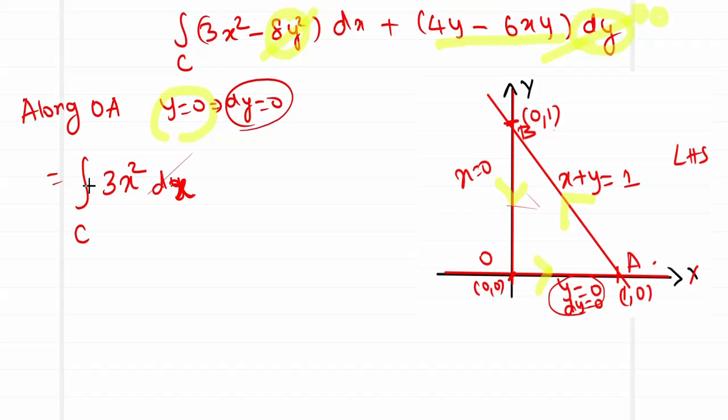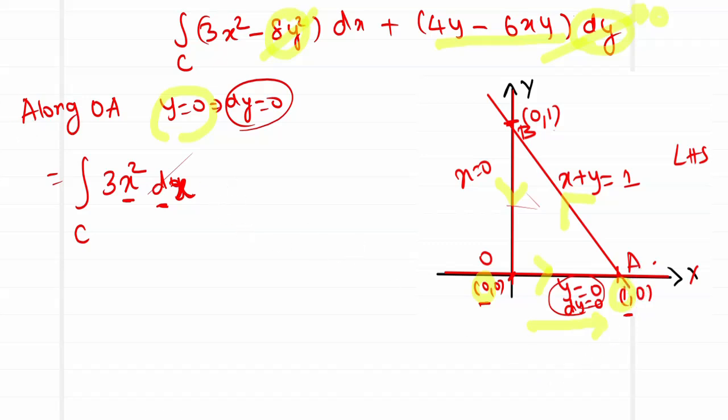Now in which direction are the variables present? The variables are present in the direction of x. Now see what is the variation of x. My x varies from, what is my starting point of x? My starting point is 0 over here. As I move along the curve OA, I reach the ending point of x. What is the ending point of x? The ending point of x is 1.